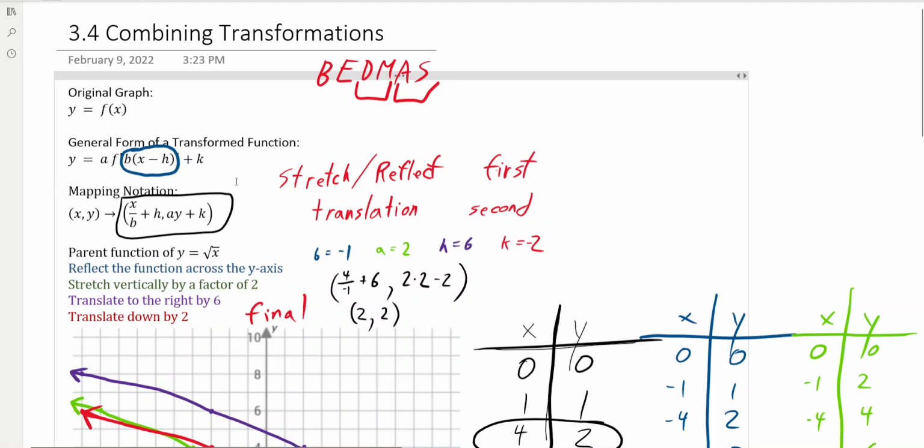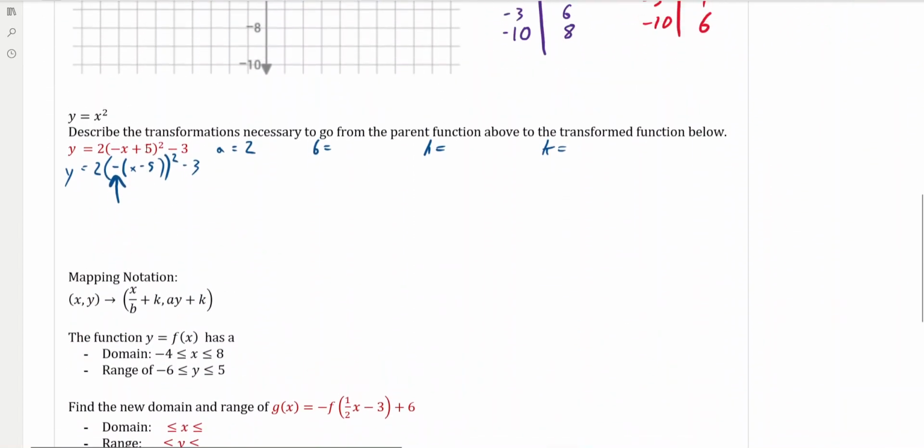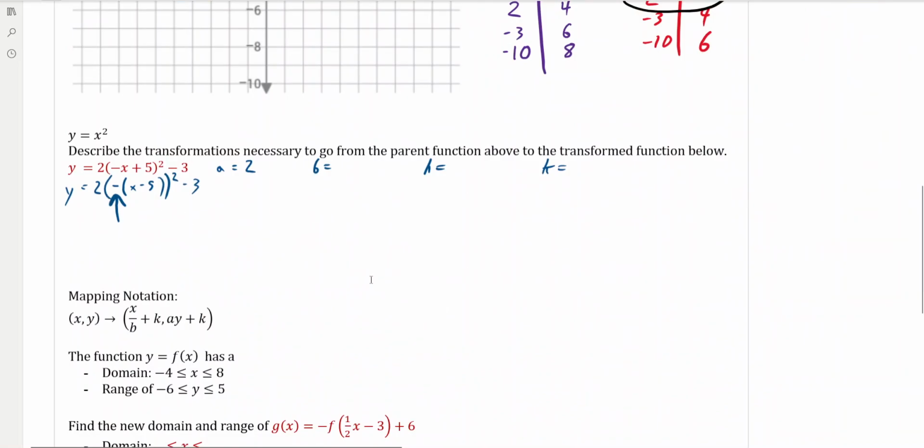And so that's why we have to make sure it's outside the brackets. Not because the value of b really changes, but because the value of h changes. Remember again, you have to flip it. So it changes to a positive 5 instead of being a negative 5. So it flips and then flips back to positive. Looking at the k value, it is negative 3.